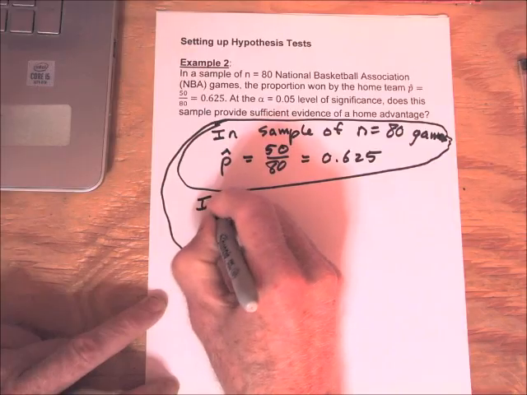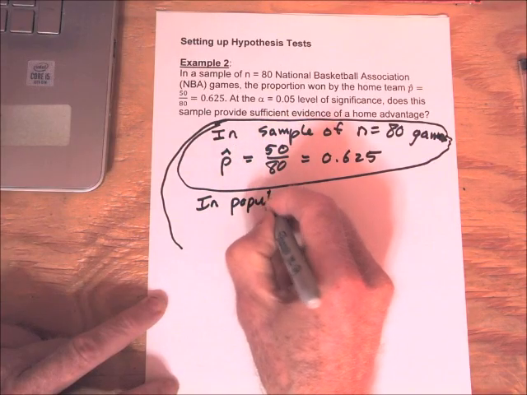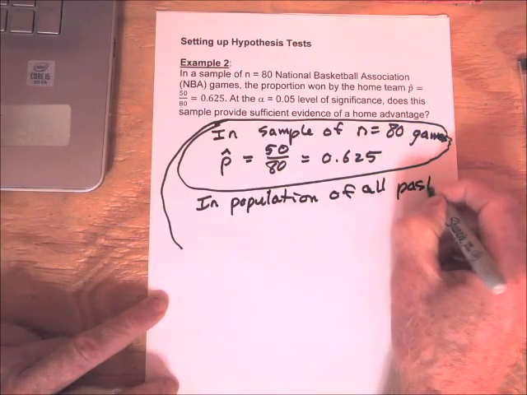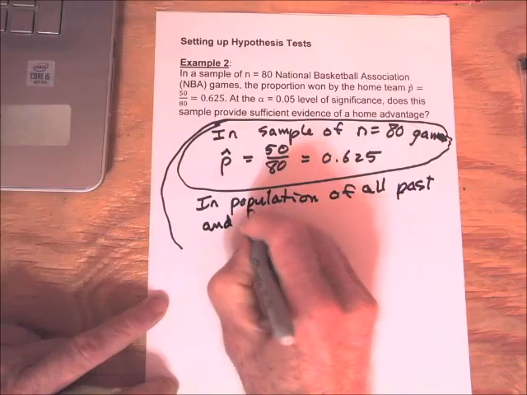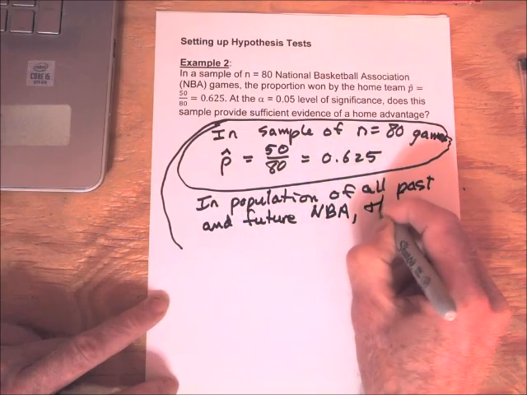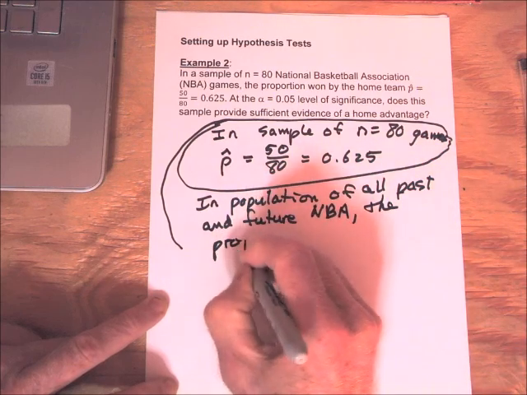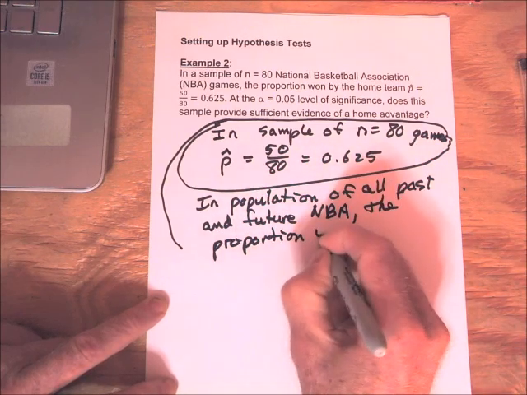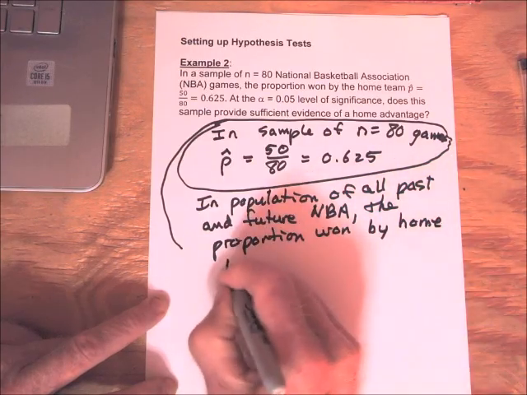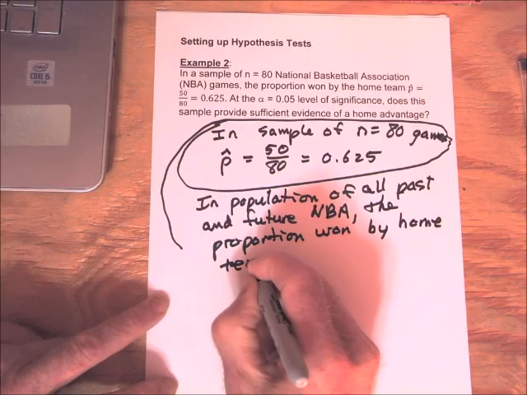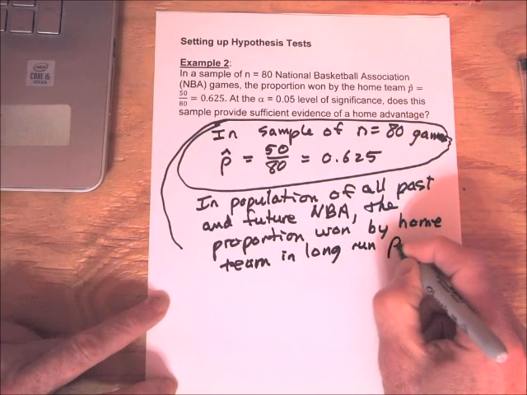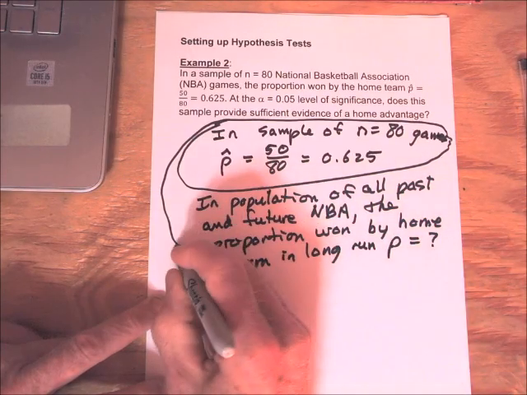In the population of all past and future NBA games, the proportion won by the home team in the long run is P, and we don't know what that is.